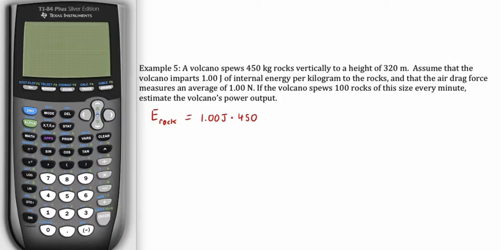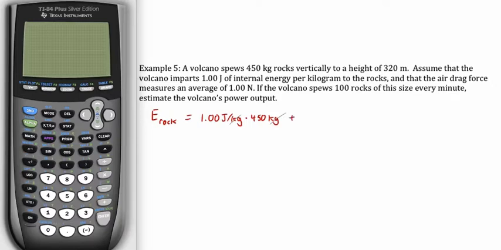That's because we have joules per kilogram, which is the amount of energy per mass, and then multiplied by the mass of 450 kilograms. So then our units work out. We lose the kilograms.